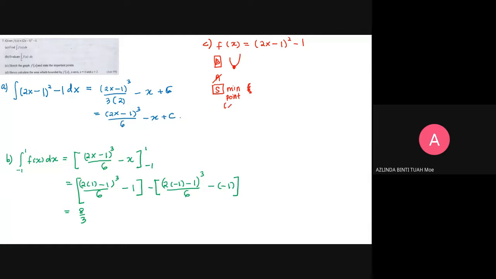Minimum points means we have both coordinate x and y. So the x coordinate comes from inside the bracket. 2x minus 1 equals 0, x equals to 1 over 2.